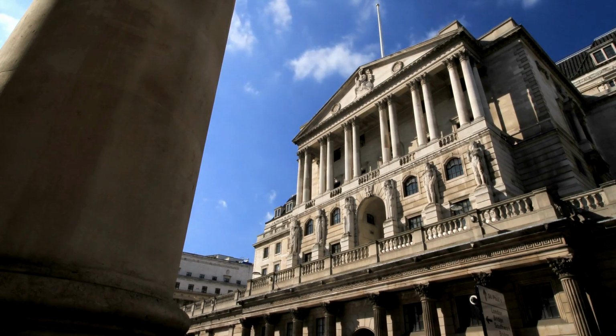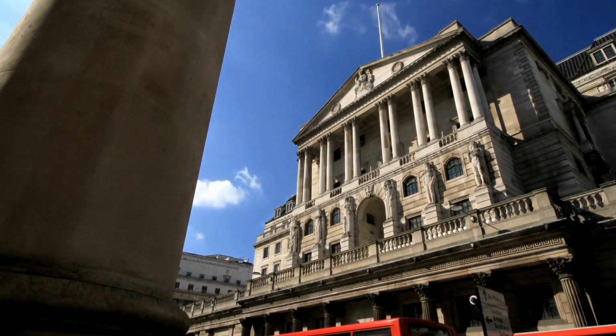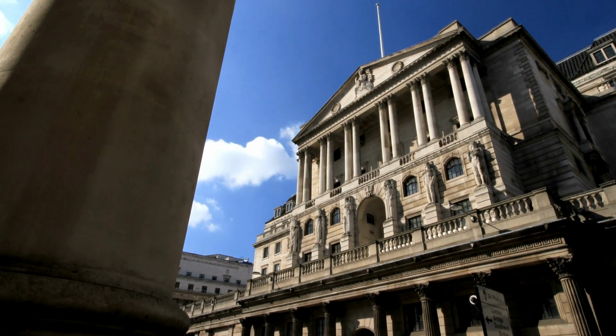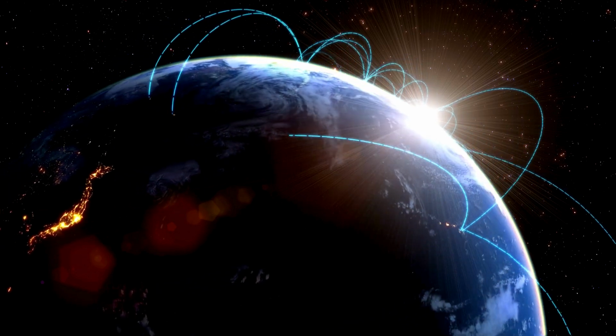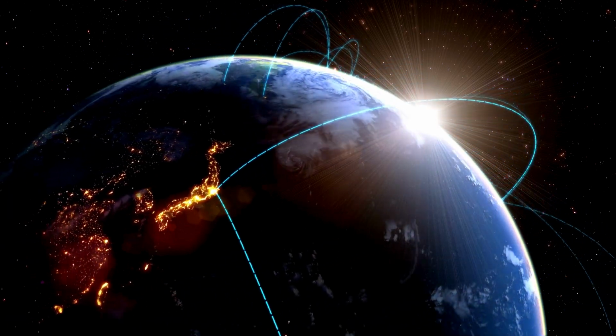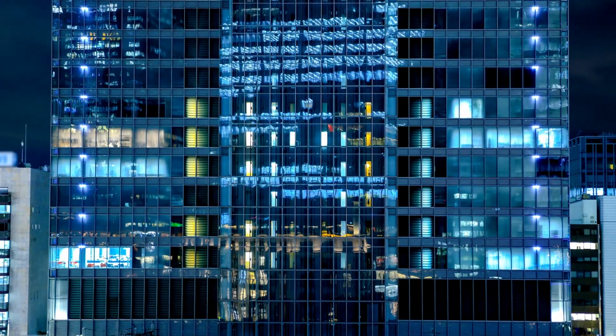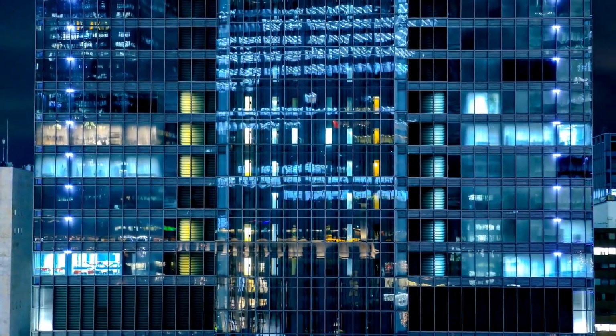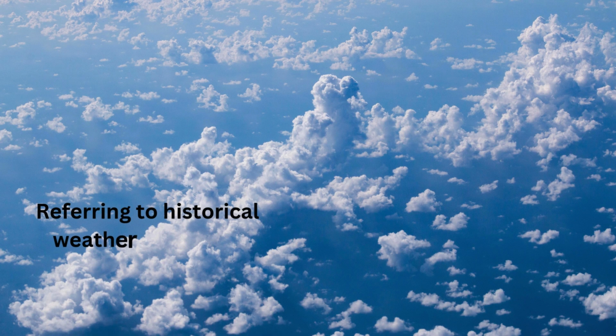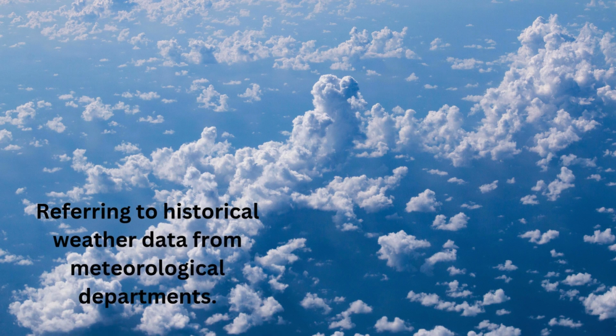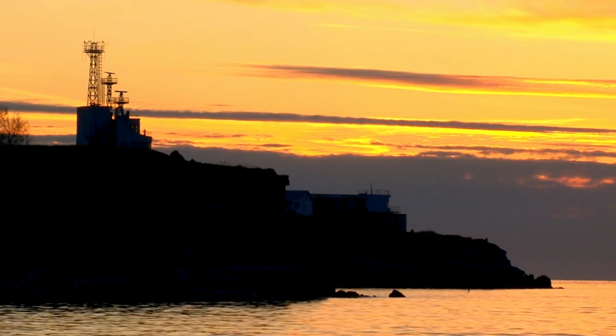If we are using World Bank data in order to understand global economic trends, then data collected from the World Bank database with the help of websites, journals, or publications is termed secondary data. Referring to historical weather data from the meteorological department is also a sort of secondary data.